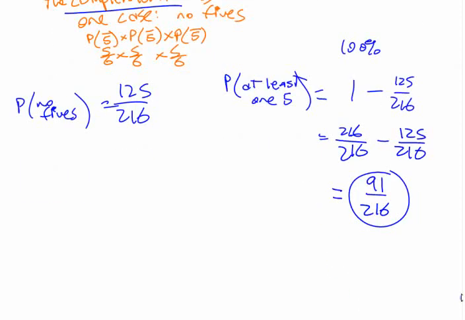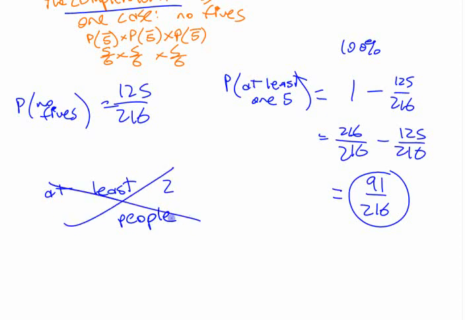One of the typical questions that people ask for this concept is, what's the chance that at least 2 people in this room have the same birthday? Well, there's a lot of cases of that. It could be these 2 or those 2 or these 2. The easier way is to calculate the chance that nobody has the same birthday and subtract.